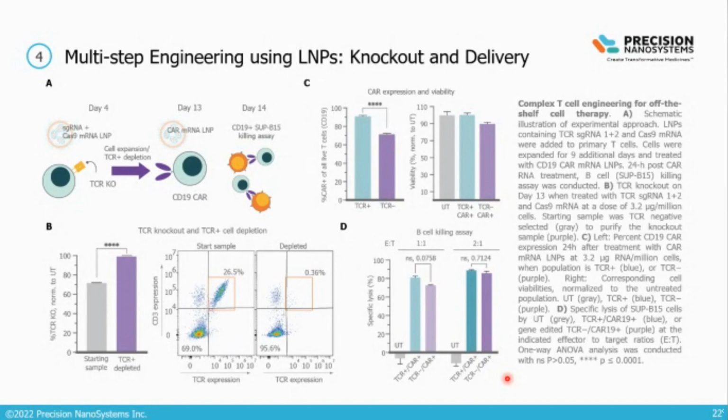So we're really excited about this data set, and it truly serves as a model to how we can integrate lipid nanoparticles for both gene editing and gene expression, and how fit these cells are to kill the leukemia targets.